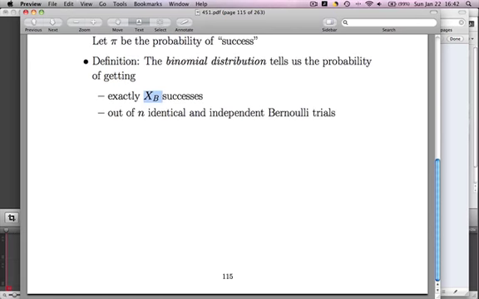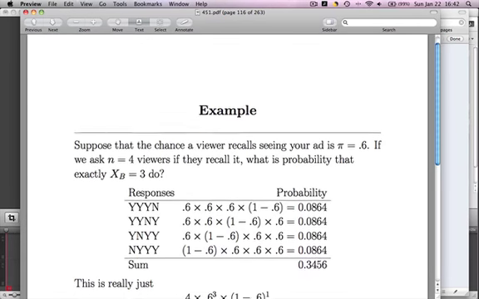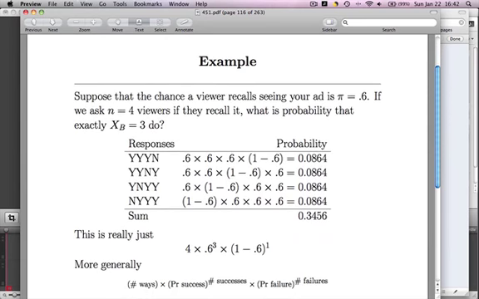Let's do a little example now. First off, let's assume that we know that recall for some ad is really good. It's 0.6. So if you expose somebody to this ad, they're going to remember it with probability 0.6. Maybe this is some really good Super Bowl ad.